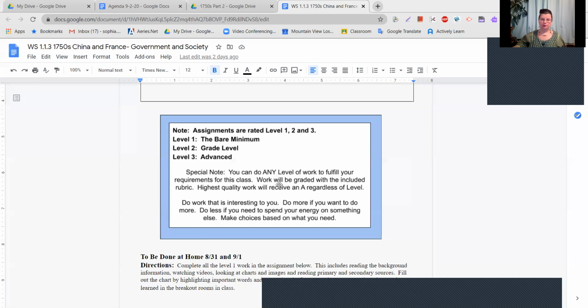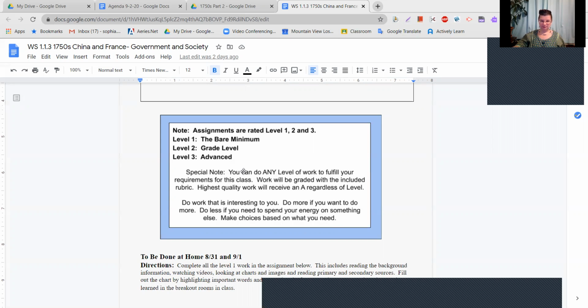Level 2 work is what we would normally do in a non-distance learning situation. So it's a little more abstract. It involves a little more critical thinking with less scaffolding, less support. If students were in my classroom with me, every student would be able to do this without any problem because I would be there to support them.